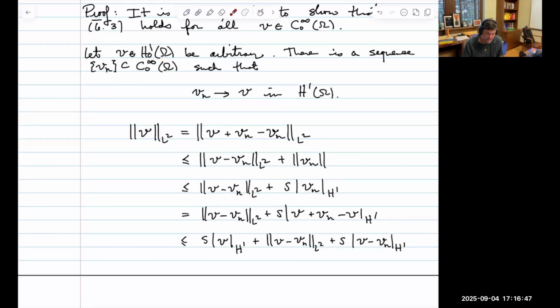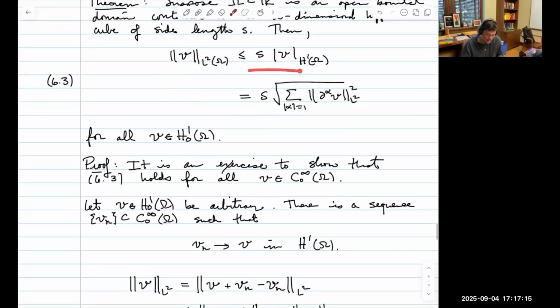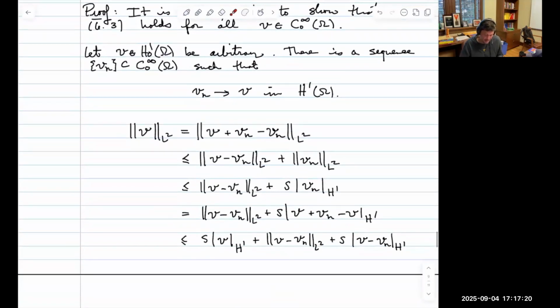Here's what we're going to do with that sequence of smooth functions. Take the L2 norm of V, add 0 by adding and subtracting Vn, and use the triangle inequality. We're still in the L2 norm here. Now we know this Poincare inequality holds for each Vn. Whatever the Poincare inequality means, I'll show you how it's used and what it means in the next class.